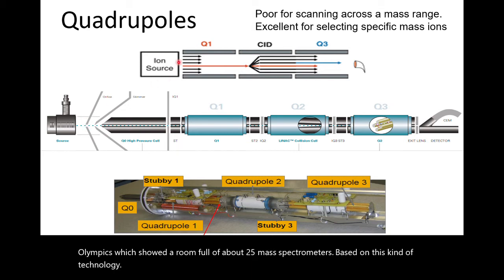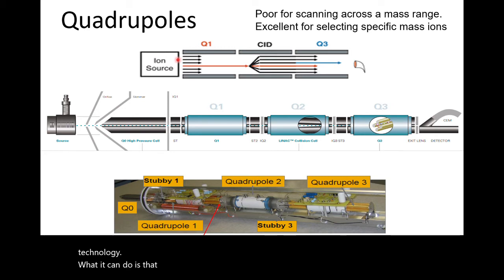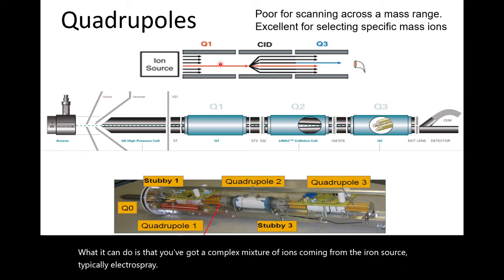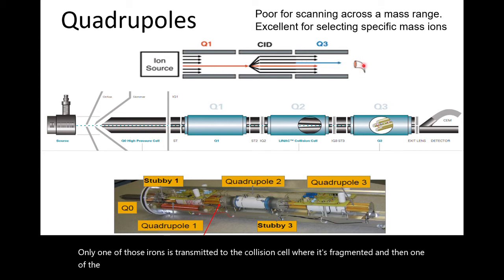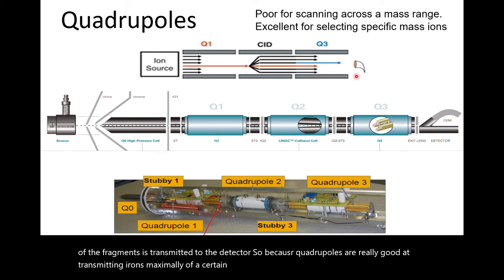You've got a complex mixture of ions coming from the ion source, typically electrospray. Only one of those ions is transmitted to the collision cell where it's fragmented, and then one of the fragments is transmitted to the detector. Because quadrupoles are really good at transmitting ions of a certain mass, this works exceptionally well. It's the backbone of sports drug testing and illicit drug testing and so on and so forth.